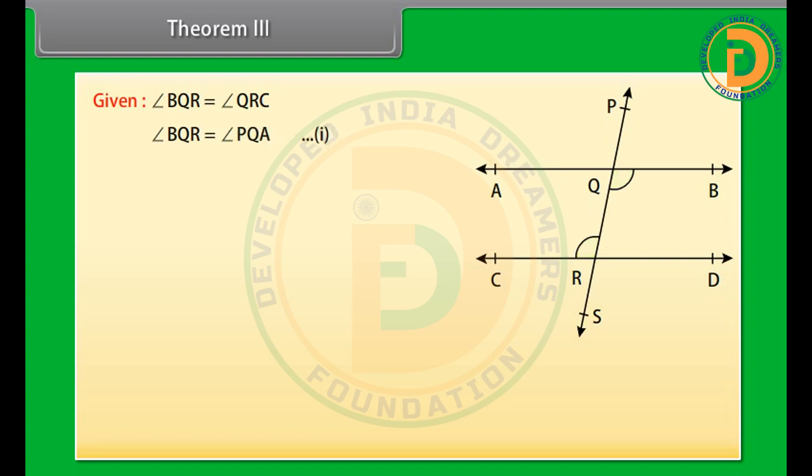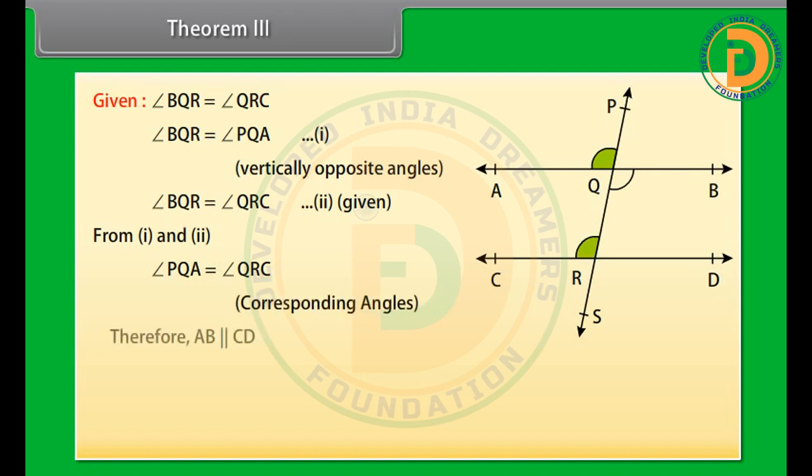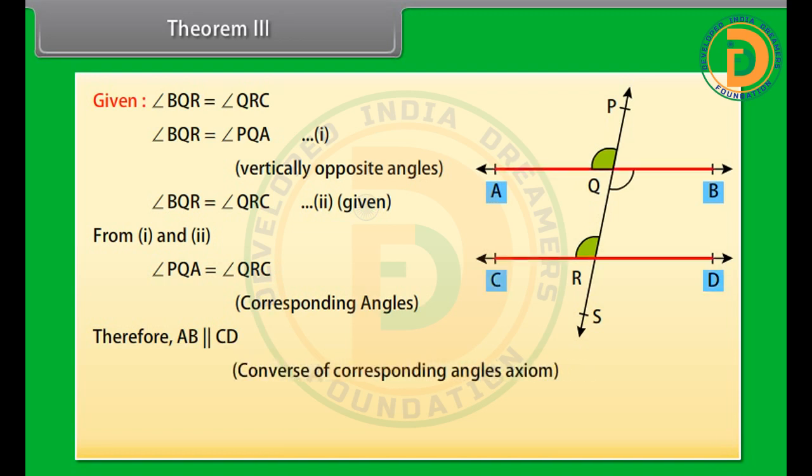Also, angle BQR is equal to angle PQA because these are vertically opposite angles. Mark it as 1. But angle BQR is equal to angle QRC, given. Mark it as 2. So, from 1 and 2, you may conclude that angle PQA is equal to angle QRC. But they are corresponding angles. So, AB is parallel to CD, by the converse of the corresponding angles axiom.